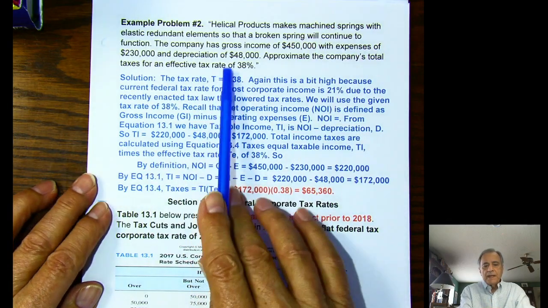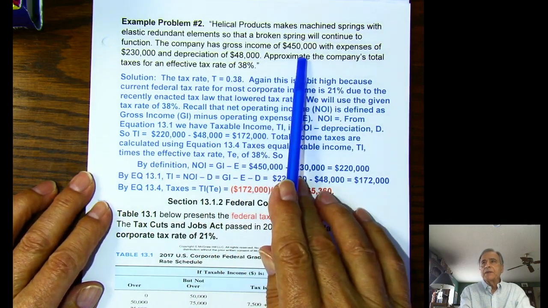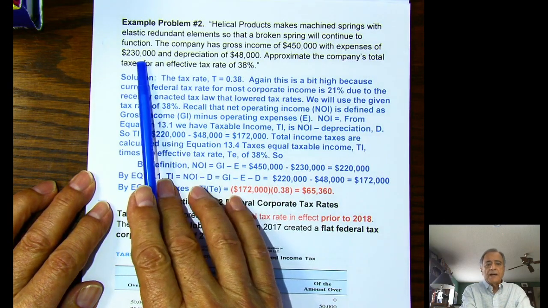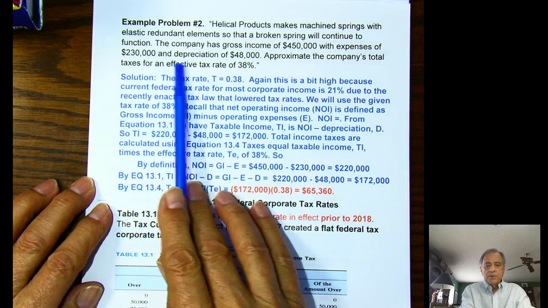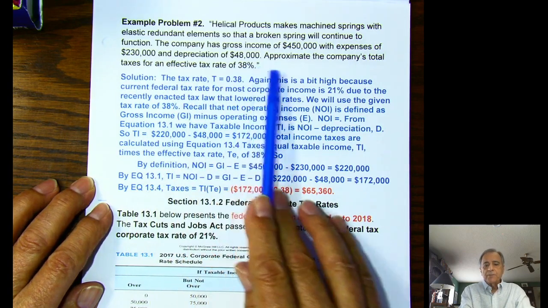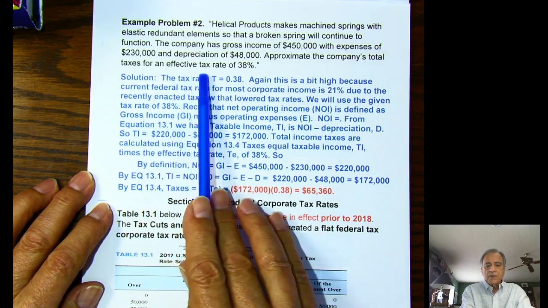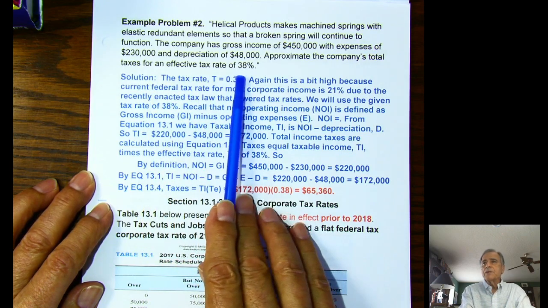The company has gross income of $450,000 with expenses of $230,000 and depreciation of $48,000. Approximate the company's total taxes for a tax rate of 38%.